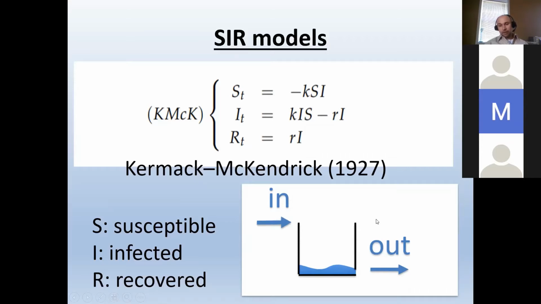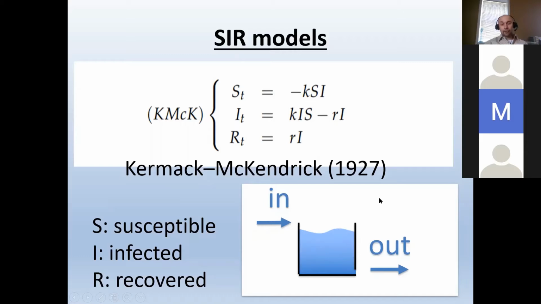If the rate at which people are getting infected is greater than the rate at which they recover, then you have an increase of the I compartment.